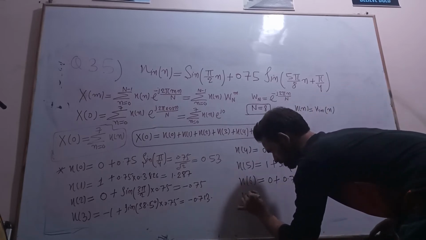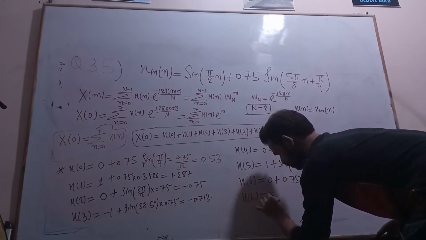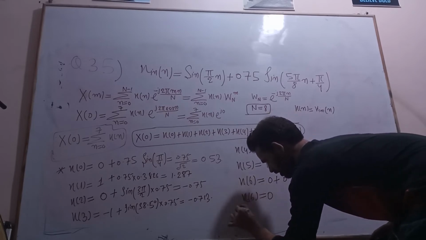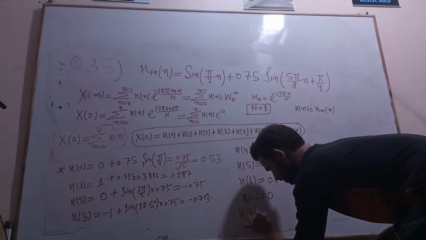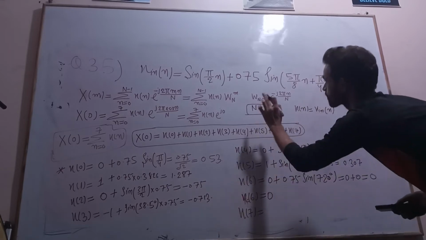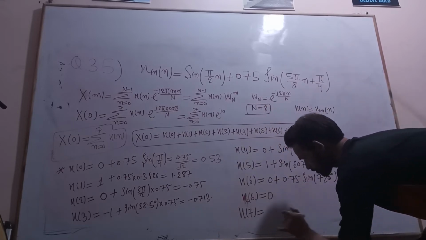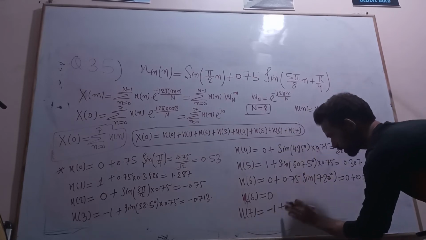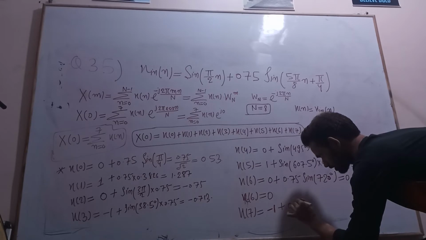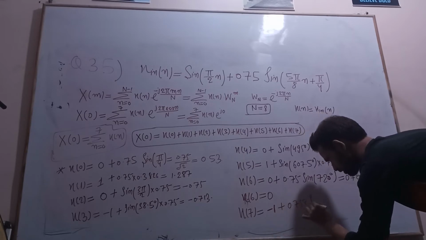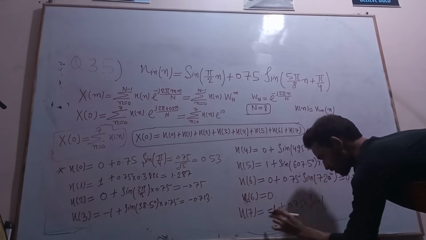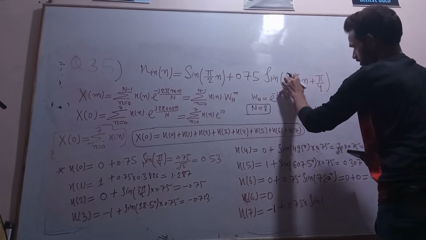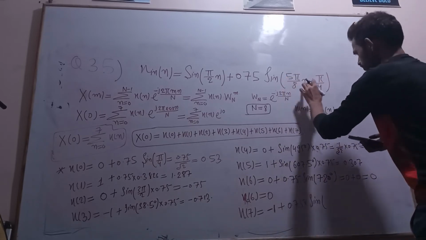So x of 6 is 0. Now x of 7, just put the value of 7 here. Sine 7 pi by 2 is minus 1, so minus 0.75 into sine, and putting 7 here we get 35 plus 2.